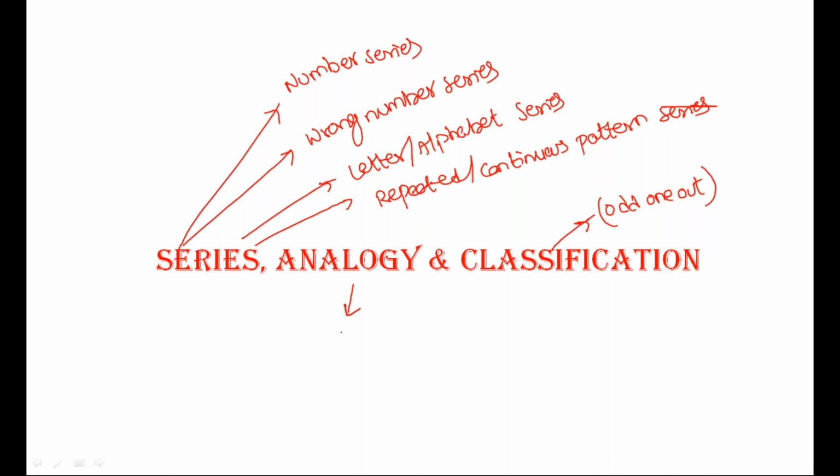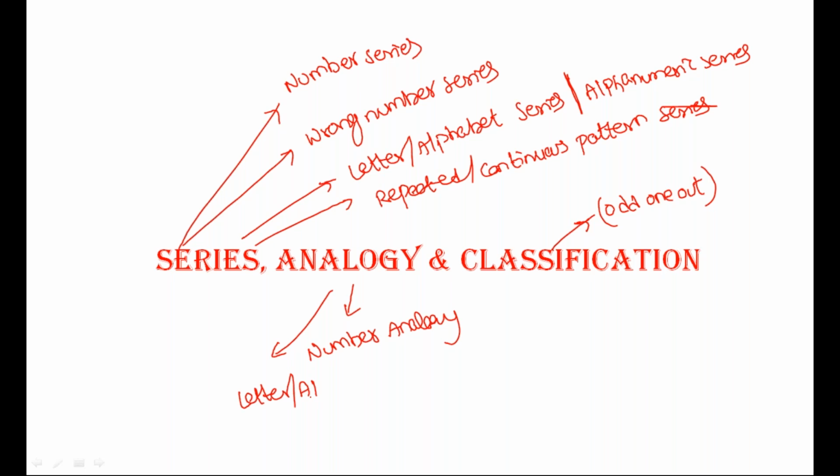Whereas in the analogy concept, we want to discuss number analogy and letter or alphabet analogy. In fact, here alphanumeric series also we want to discuss: alphabets and numbers combined, we call alphanumeric series. In analogy, number analogy and letter analogy.